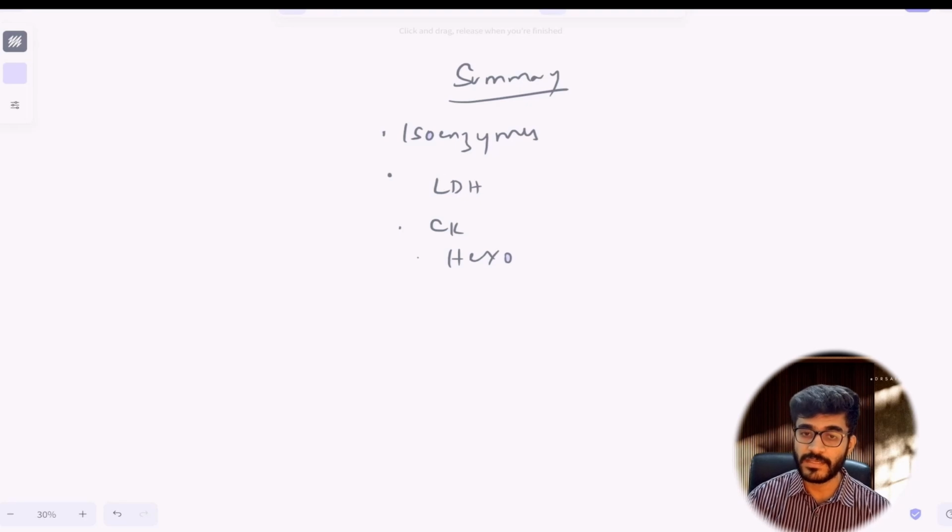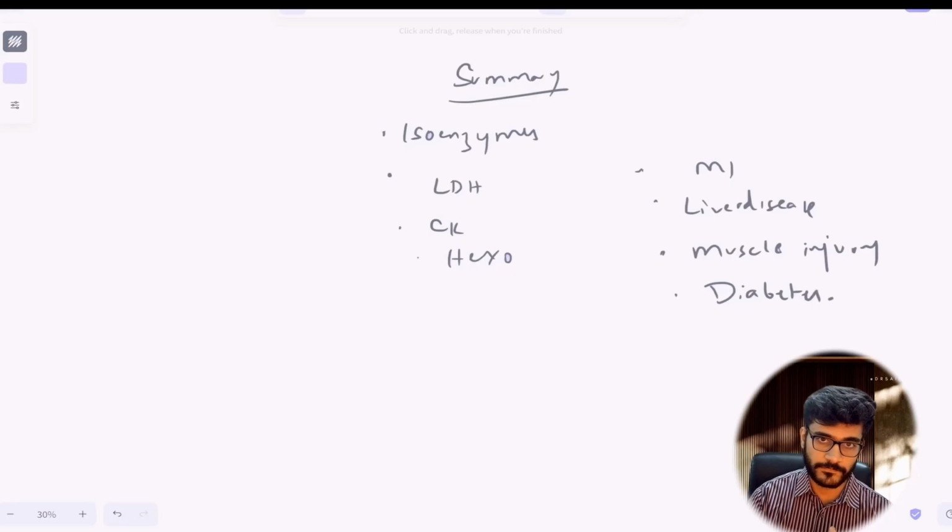While glucokinase has a high Km value, it is not inhibited by glucose 6-phosphate, and it is present mainly in the liver and the pancreas. And finally, we saw how using these isoenzymes, we can diagnose MI, liver disease, muscle injury, or diabetes. And isoenzymes are mostly used in diagnostics to come to the root cause.